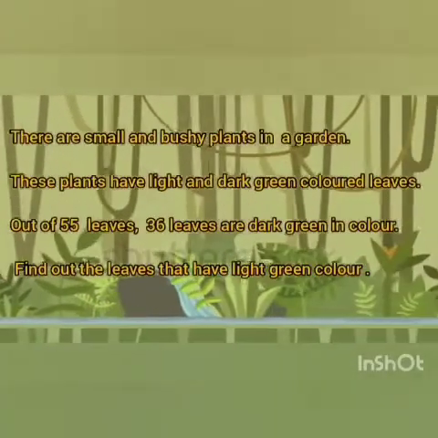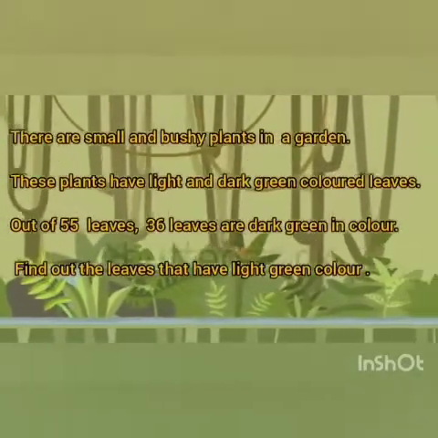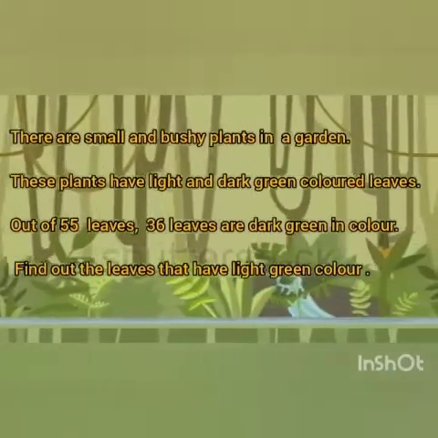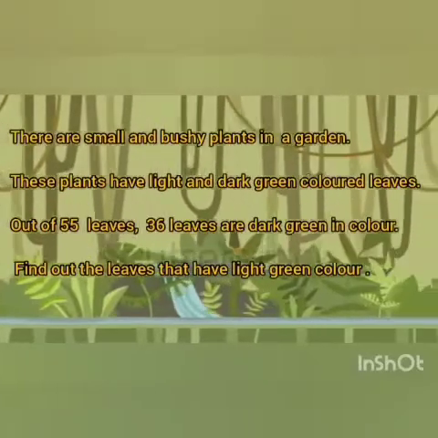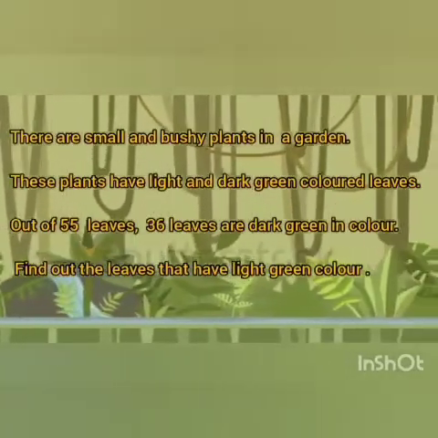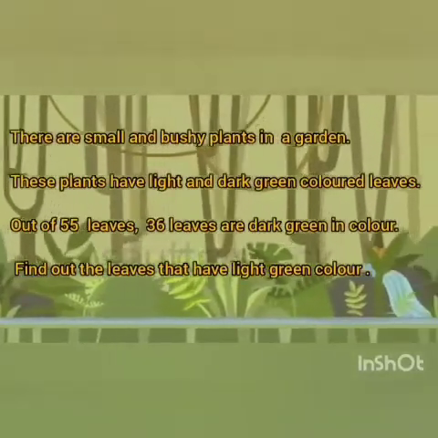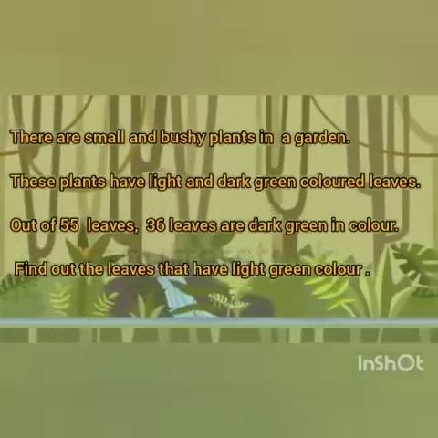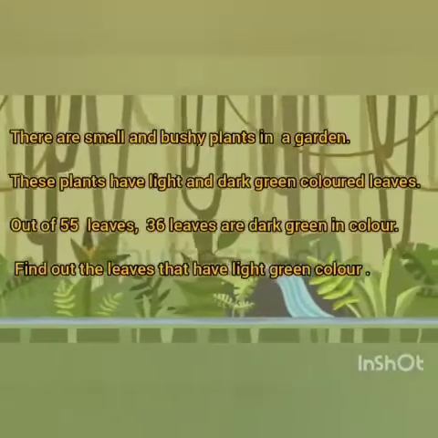So, there are small and bushy plants in a garden. These plants have light and dark green colored leaves. Out of 55 leaves, 36 leaves are dark green in color. Find out the leaves that have light green color.